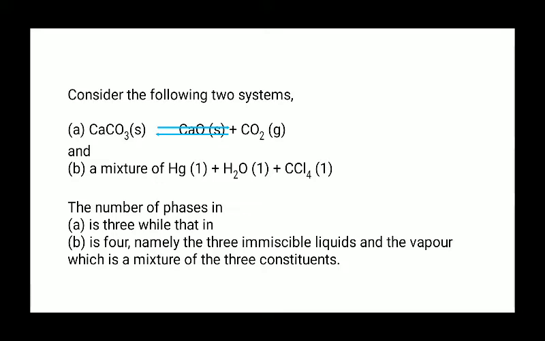The number of phases in A is 3: solid calcium carbonate is 1, solid calcium oxide is 2, and gaseous carbon dioxide is 3. That means calcium carbonate, calcium oxide, and carbon dioxide are the three phases.